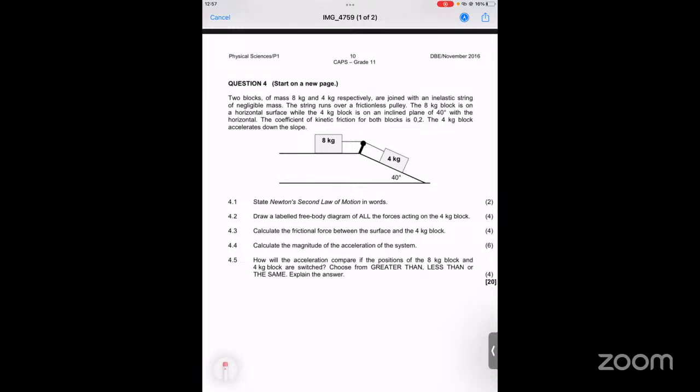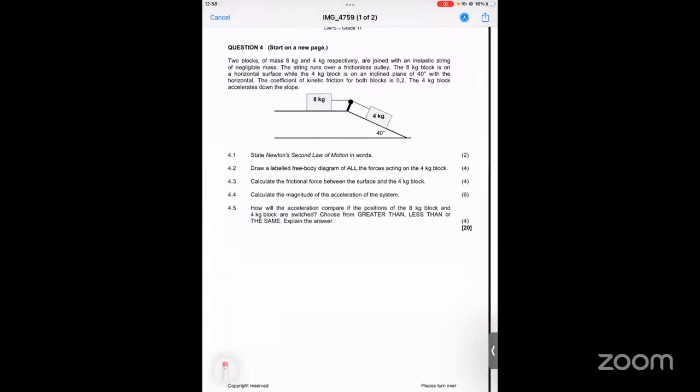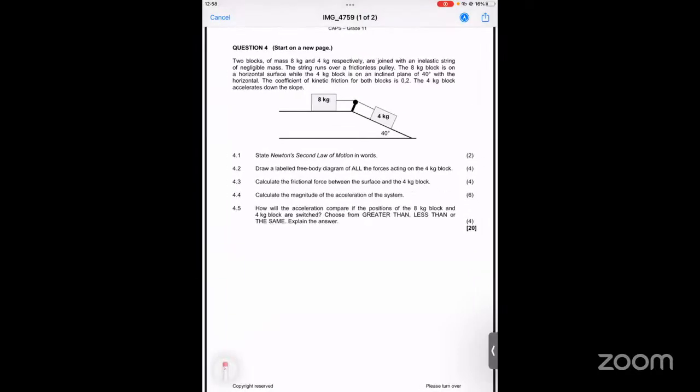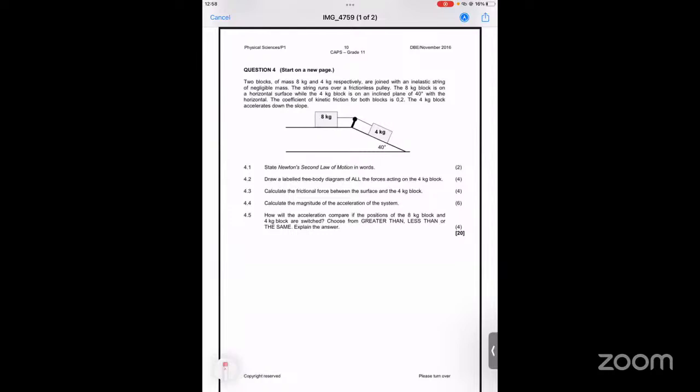Obviously, you are adding more weight on the object which is on the incline. It will therefore have a greater weight, and that greater weight will influence the acceleration of that system. Makes sense? Yes, sir. It makes sense.